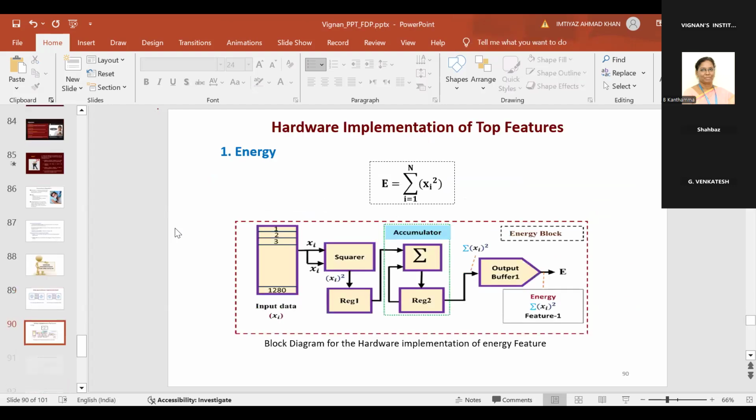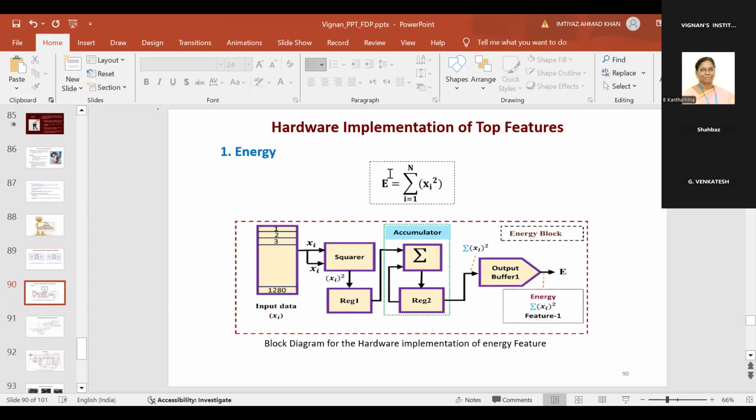Just like the example of energy, the sum of xi squared, you have studied in signals and systems. This type of work is explained as i equal to 1 to n, where n might be 1280 or 273, depending on the situation and data.